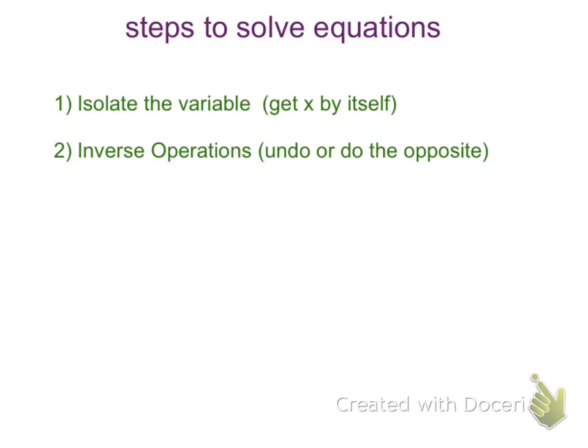The third step to solving equations. Oh, sorry, I was going to show you the inverse operations. If you have add in one of your equations, if you're adding, the opposite or inverse operation would be to subtract. If you're subtracting, the inverse operation, you probably know, is to add.